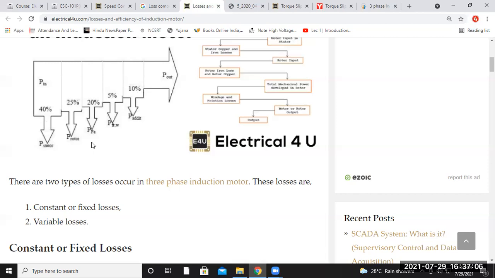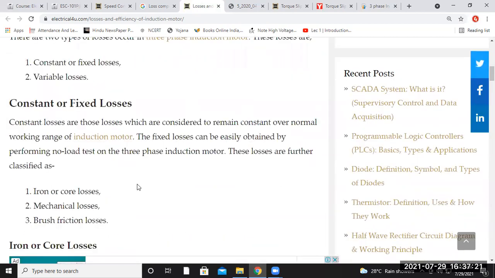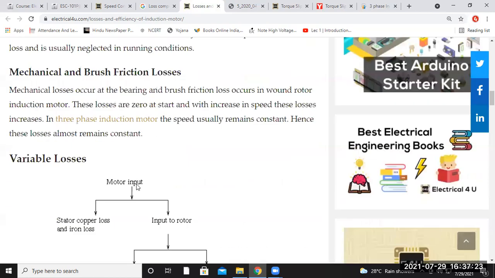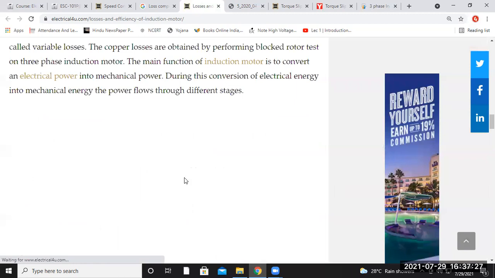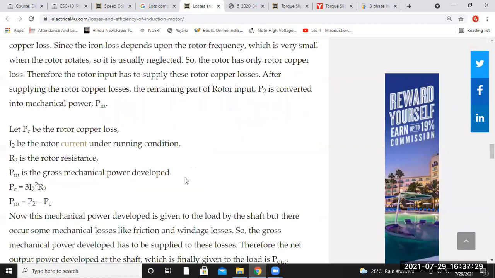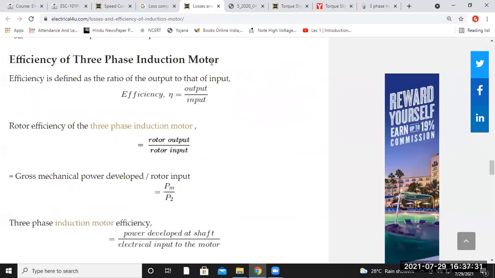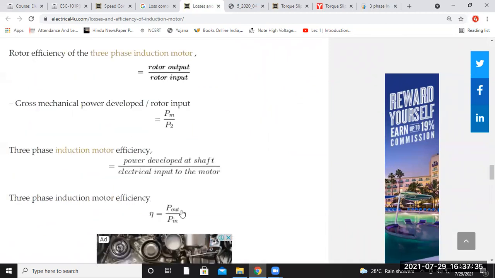Depending upon the type of machine, the efficiency cannot be 100%, because 100% is there for the ideal case, but for the practical case, the efficiency will not be 100%. There will always be some losses in the machine. So this is the variable loss that we have discussed. Efficiency is three phase output upon input, rotor output upon rotor input, that we have discussed.